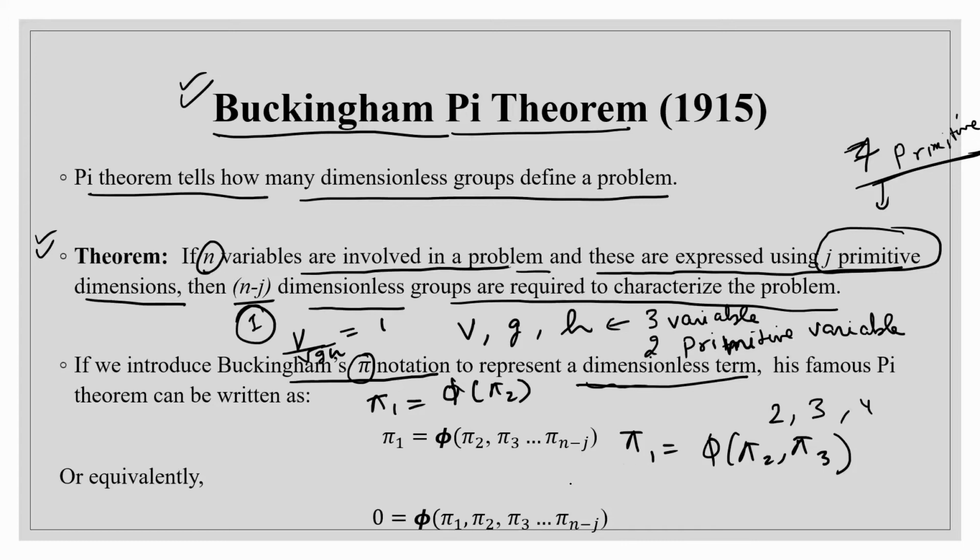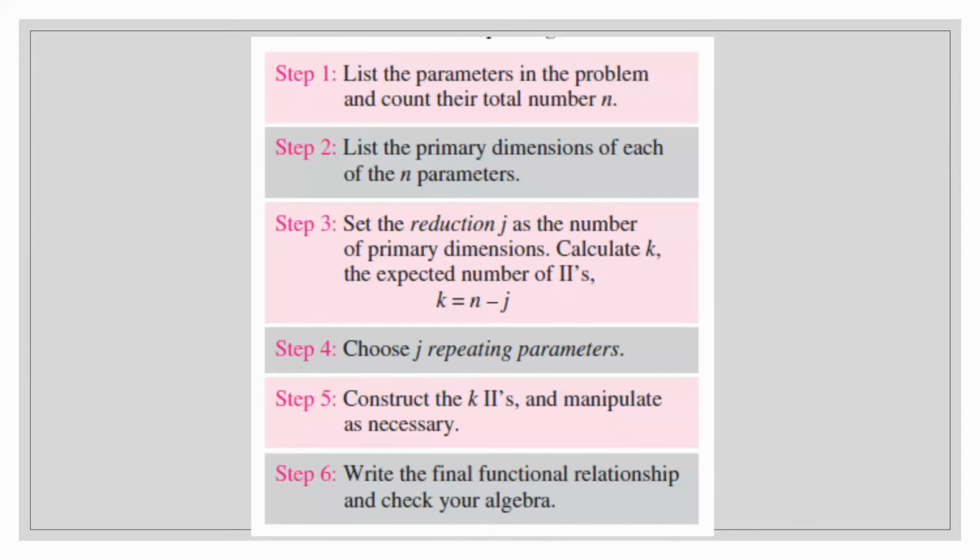This is a general representation that one dimensionless group is written as a function of the other dimensionless groups, or equivalently we can write it in this way. So this is the Buckingham pi theorem, and it follows certain steps. Now we will see the steps involved in the Buckingham pi theorem.